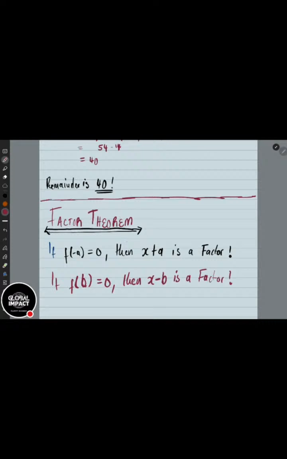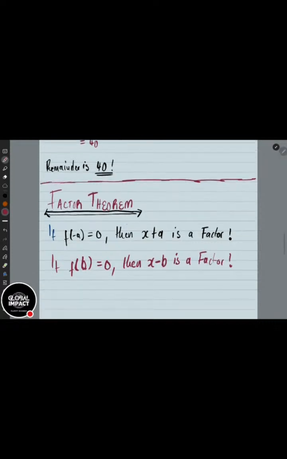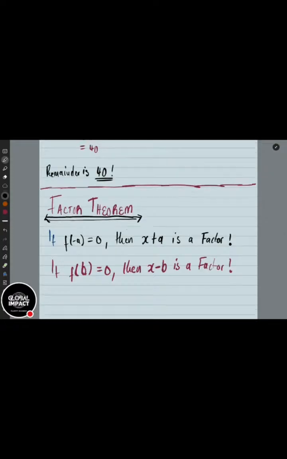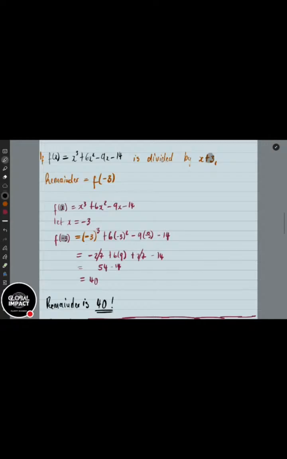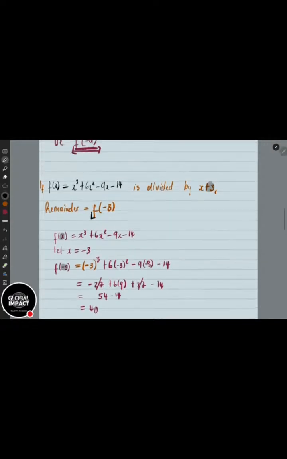Basically, we are reversing it. Remember, for remainder, you feed a value into the function. When you feed a value into the function, you are looking for a remainder. To get the remainder when we divide by x plus 3, we feed minus 3 into the function.